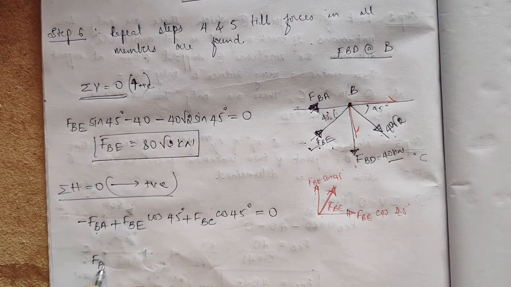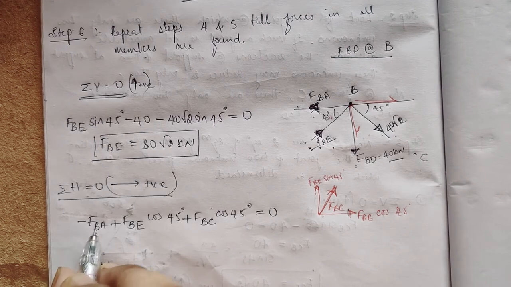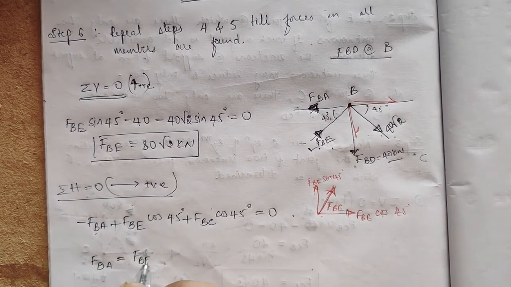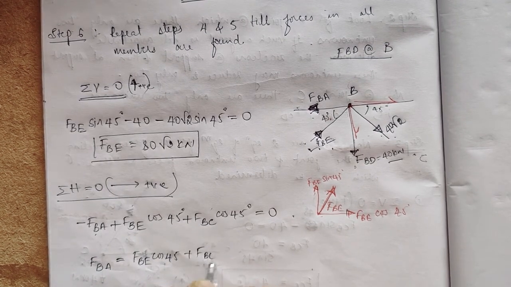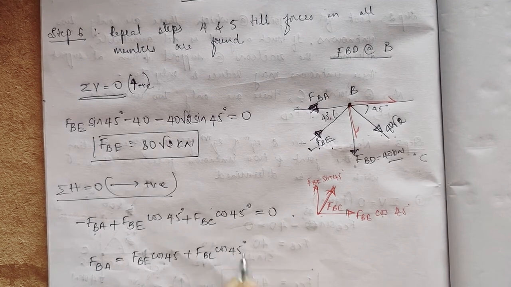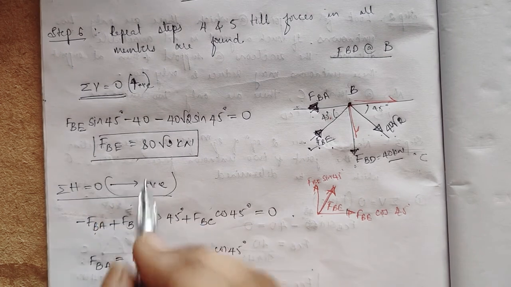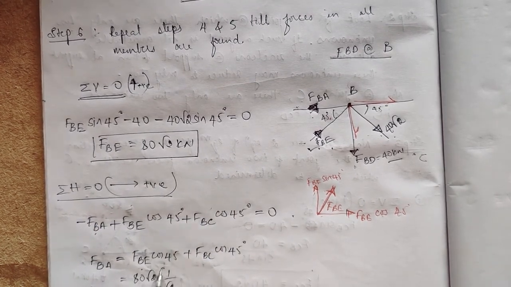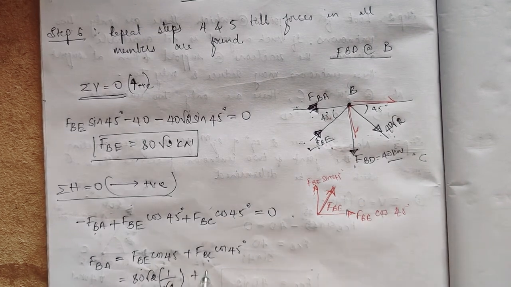So FBA, I'll remain FBA here, or I'll send FBA to this side. So what happens? FBE cos 45 plus FBC cos 45. So what is FBE? We already found FBE is 80 root 2, 80 root 2 into 1 by root 2 plus FBC, and the rest to FBC, it's nothing but 40 root 2.